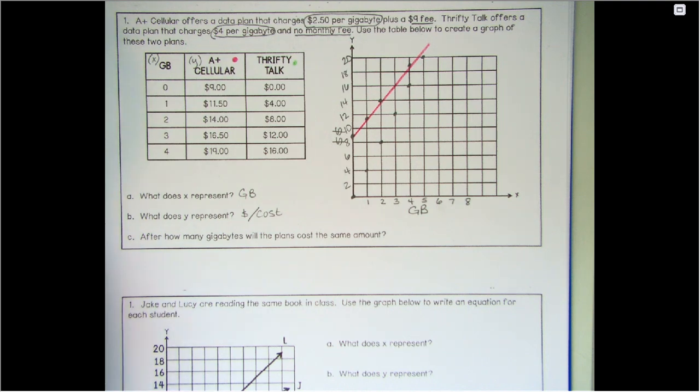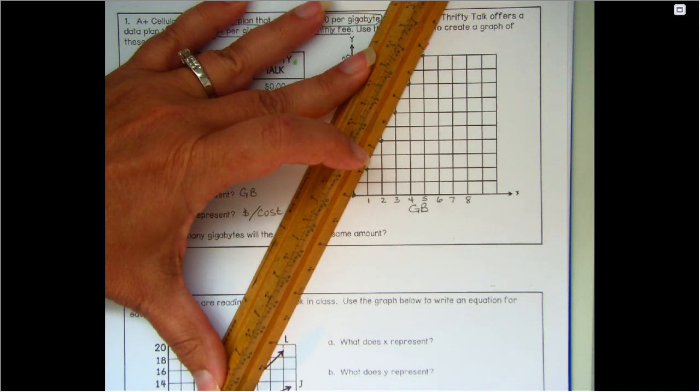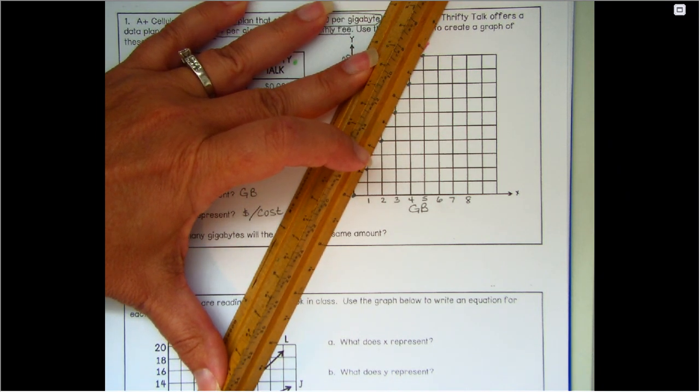And I'm going to mark this in green, just like I said I would.